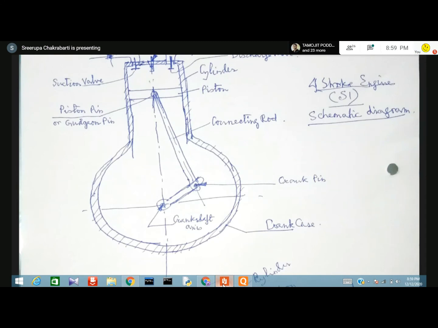Again, the piston comes from bottom dead center to top dead center, and the crank pin rotates by another 180 degrees. So two strokes, that is two movements of the piston from top dead center to bottom dead center and from bottom dead center to top dead center, correspond to a 360-degree rotation of the crankshaft.